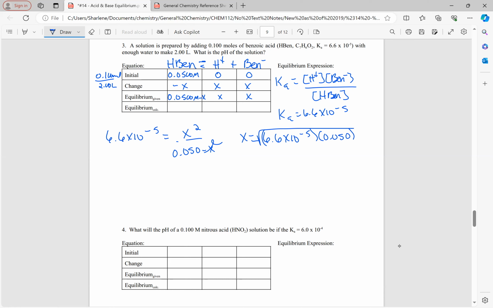And the answer is 1.8 times 10 to the minus third. I'm going to do it again just to be sure. Yep, 1.8 times 10 to the minus third.